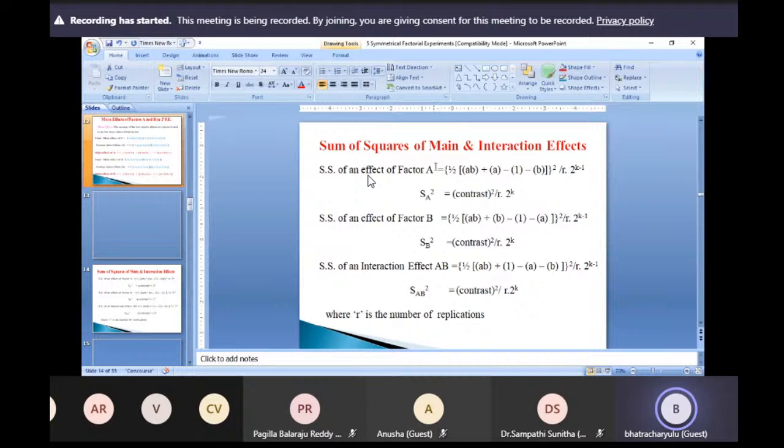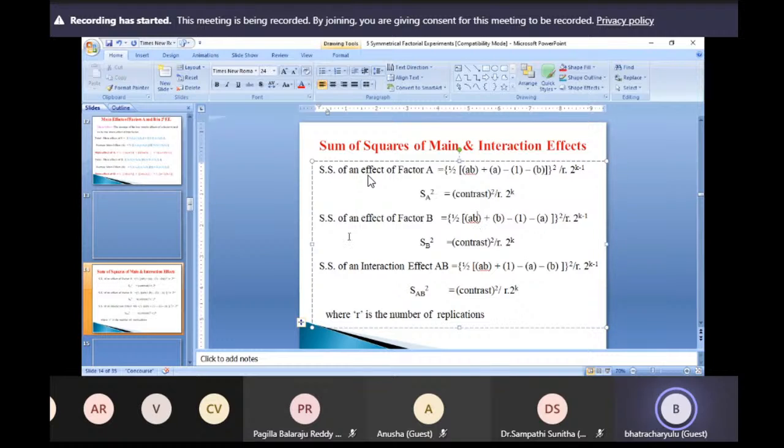Now, whenever you are calculating the sum of squares of the main effects or interaction effects, whatever the value that you are calculating for factor A, the average effect, you square it by R. R is indicating the number of repetitions. And it is a 2 square factorial design, 2 square that you write.